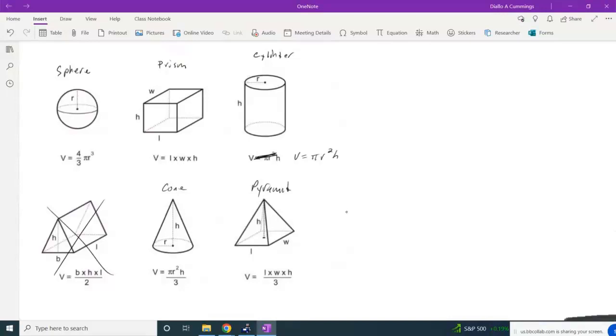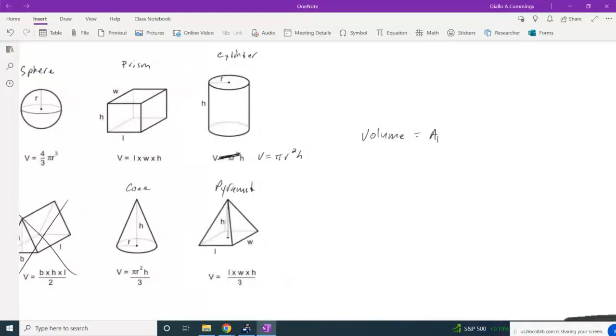Now, when you talk about volume, in essence, the volume of any figure is basically the area of the base, and you'll see that as capital B times the height.